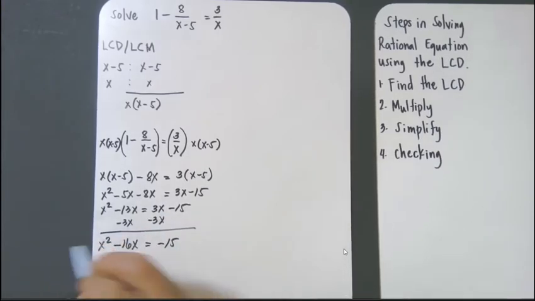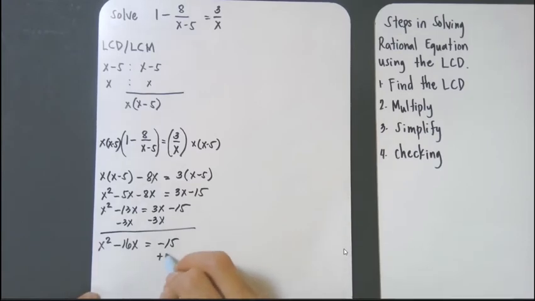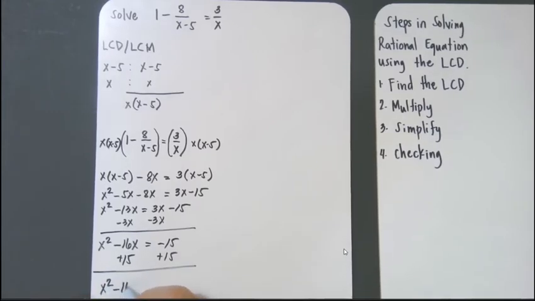Now we transfer negative 15 to the other side, so we add 15 on both sides. So we have now x squared minus 16x plus 15 is equal to 0.